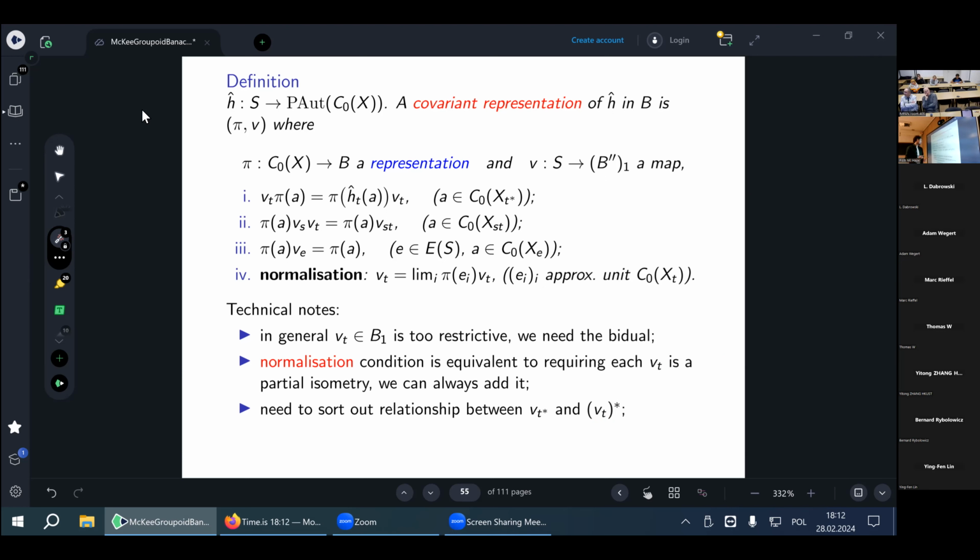That would be the natural thing to happen. This is almost the case. At least, I mean, not really.